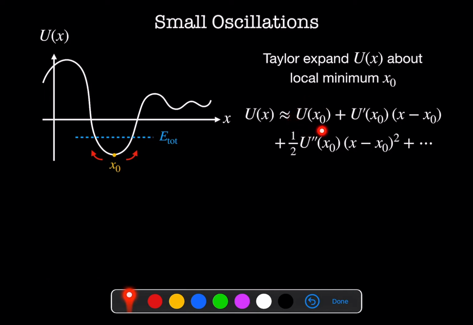So the first term is U of x naught, so that's just the energy at the minimum. The second term is U prime at x naught. And this is equal to 0 because we are at a minimum in the energy. And then we've got the higher order terms that depend on U double prime.